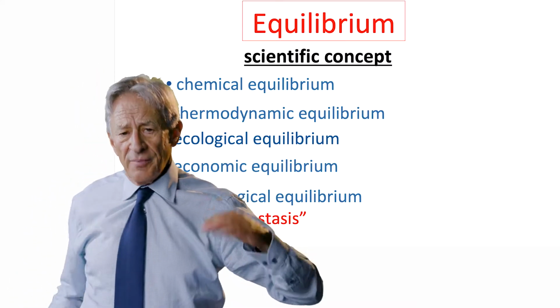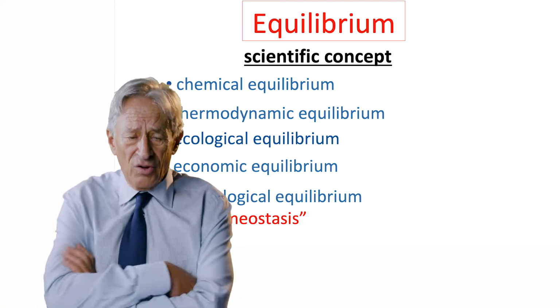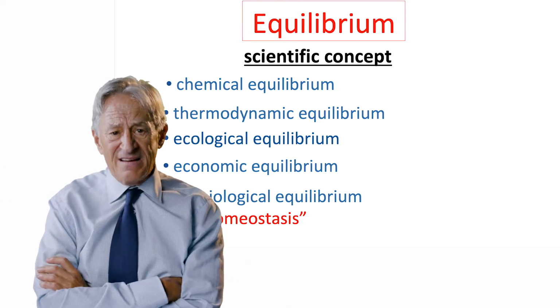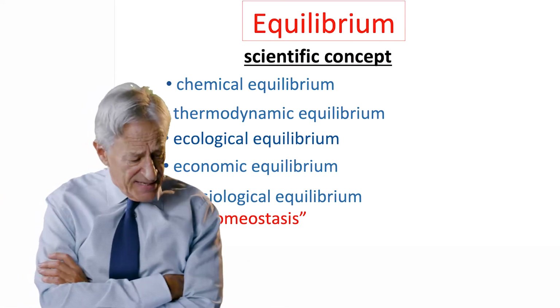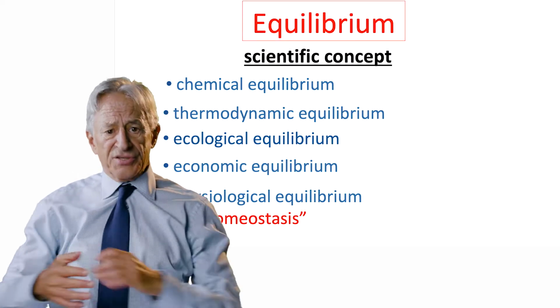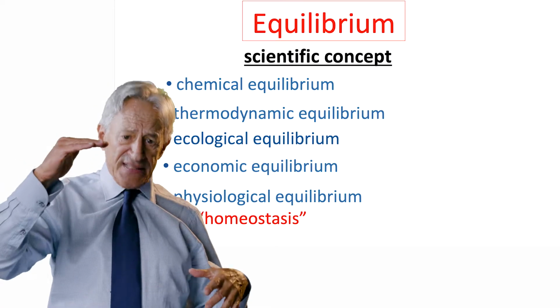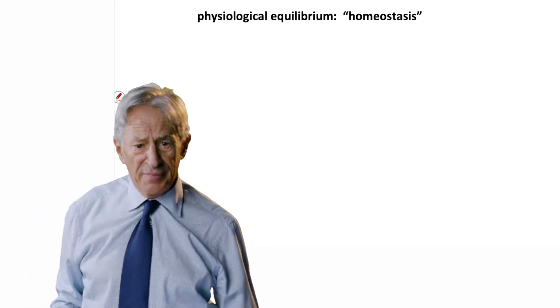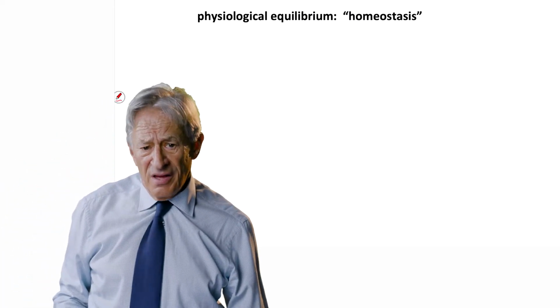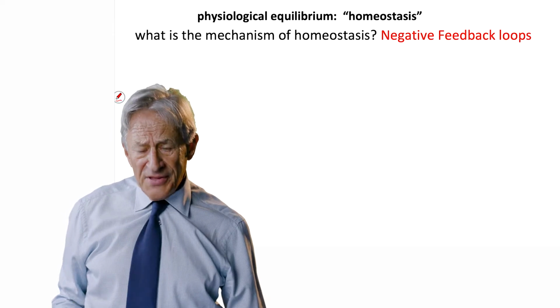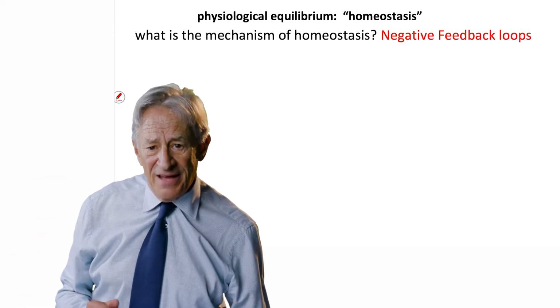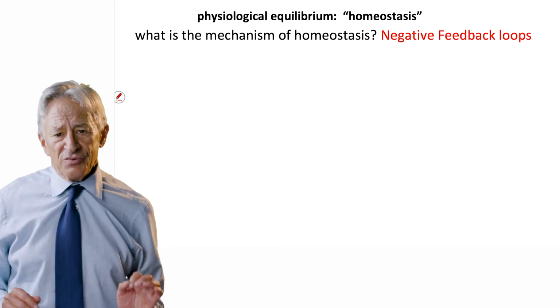And that equilibrium concept has a fancy name. It's called homeostasis. And it's the idea that physiological quantities are maintained at equilibrium values. Now, I say maintained at equilibrium values.